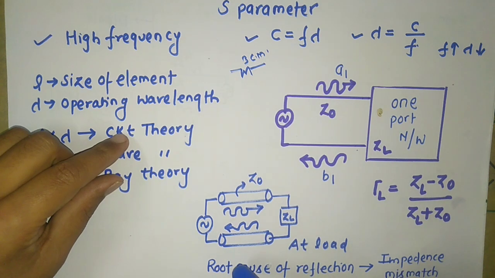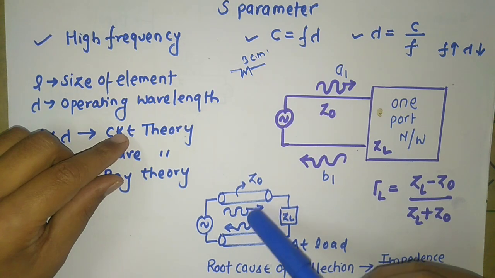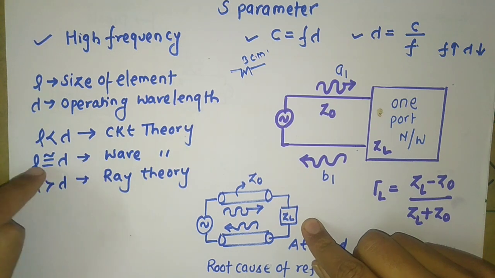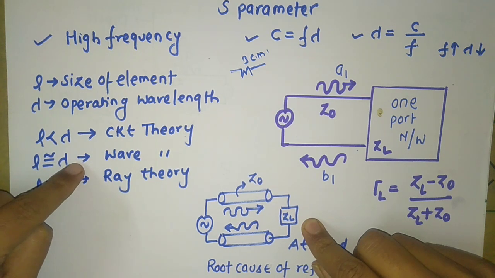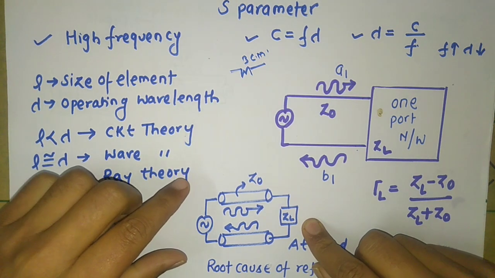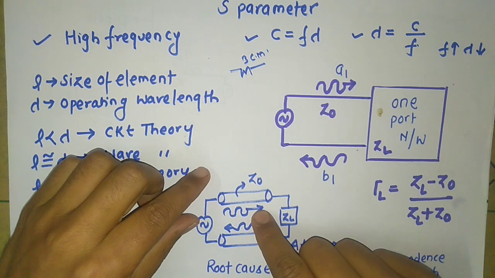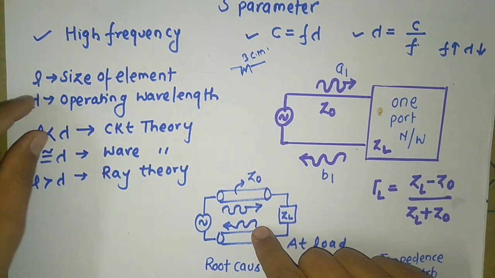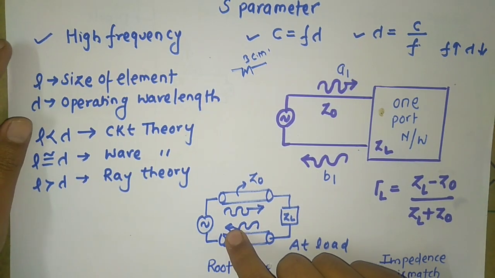But remember here, in this case we have considered the wave behavior. If we are considering the wave behavior, then which regime will we use? The second. It means in this case the size of the element is comparable to the wavelength. So this one is known as incident wave and this one is known as backward wave.